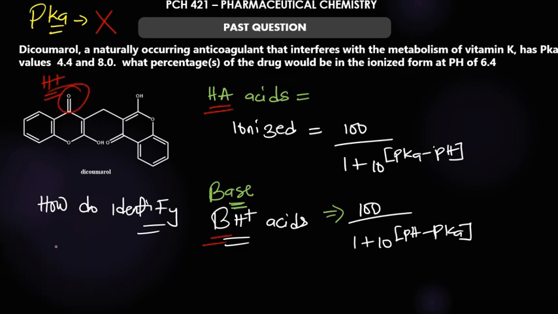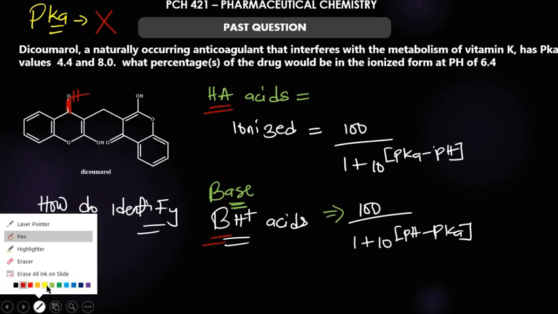The structure given to you is another form of dicumarol. If it undergoes keto-enol tautomerism, you discover that this place here is actually an OH. The structure here is an OH.